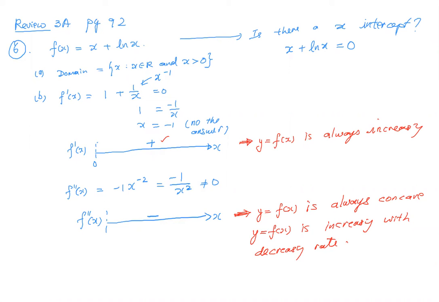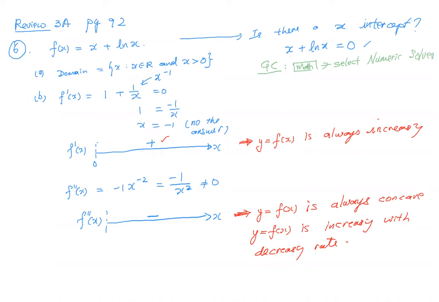Is there any way that can help me to solve this? Can someone help me how to solve this using your GC? Can you direct me what to do? Press math, thank you, and then go to numeric solver.